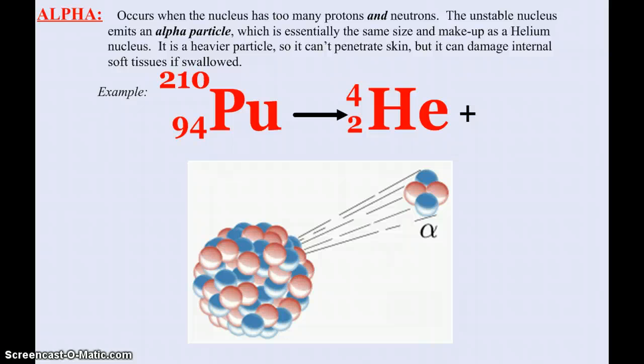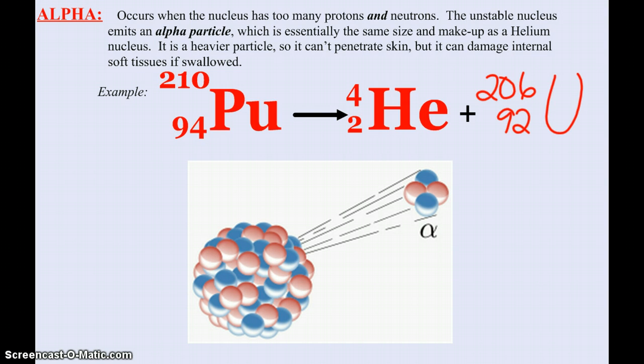And so here we have an atom of plutonium, and when we get rid of the alpha particle, again, just subtract it out. 210 minus 4 is 206. 94 minus 2 is 92. So this atom of plutonium has now become an atom of uranium.